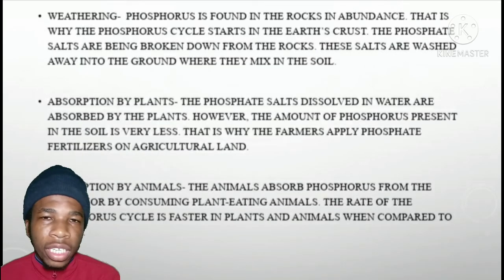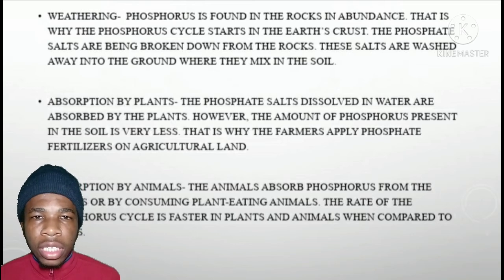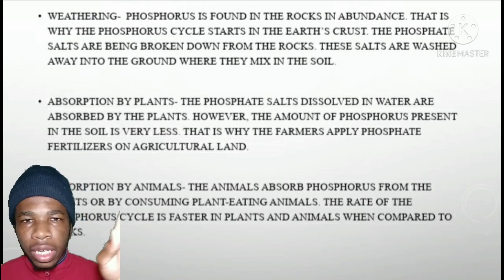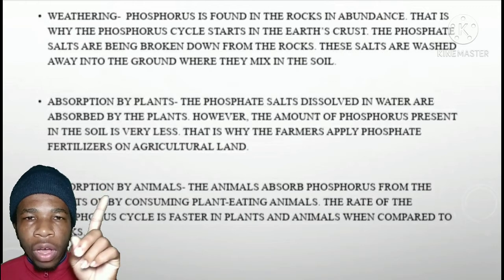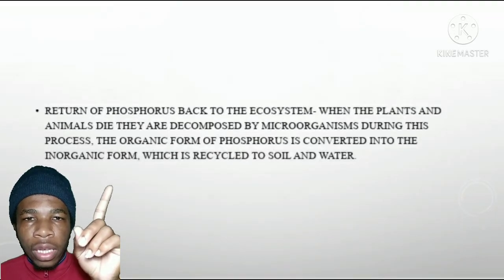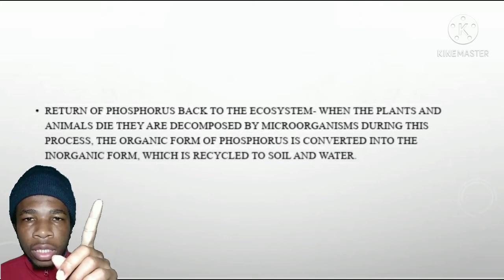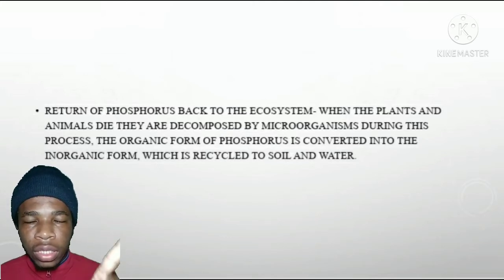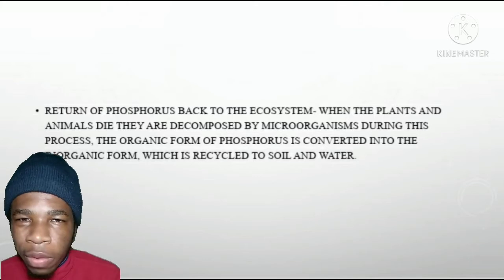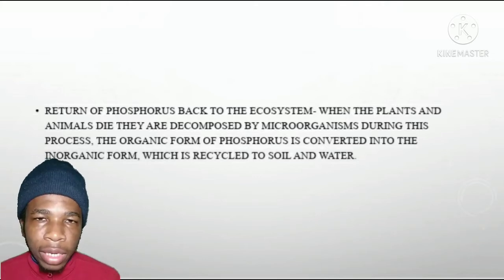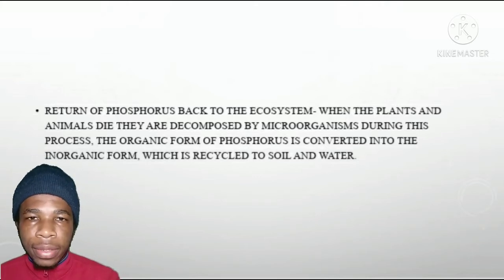So everything I just explained is basically what is right here in word form, so it will be better understandable with the steps of weathering, decomposition, absorption by animals, and absorption by plants.